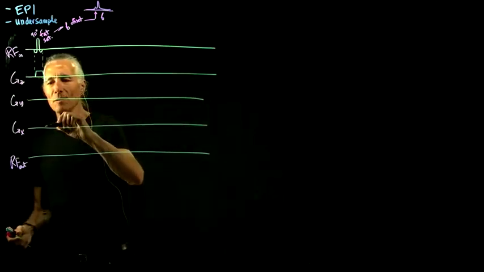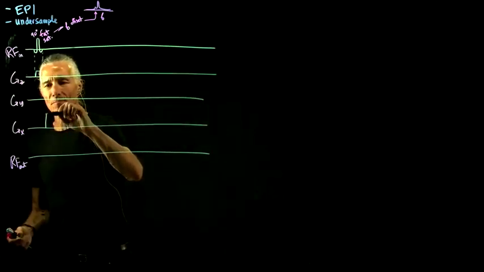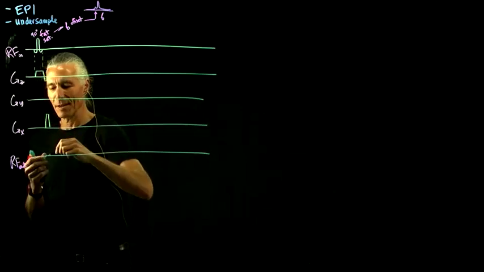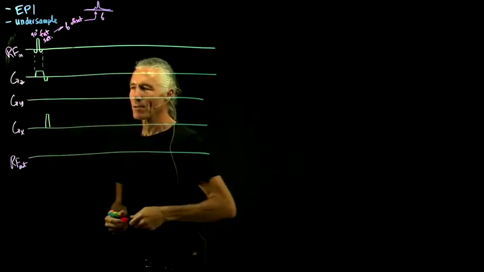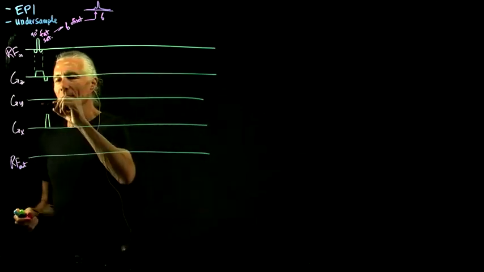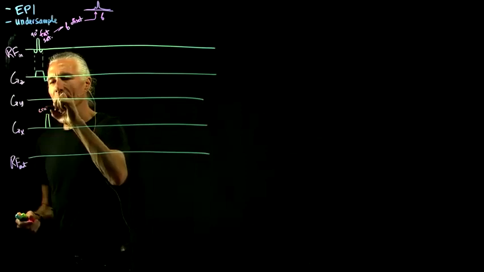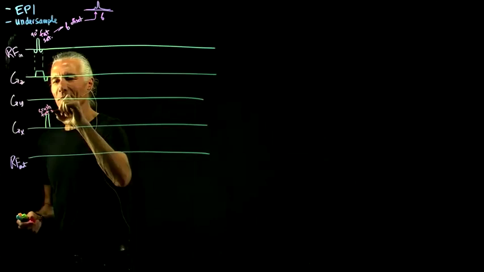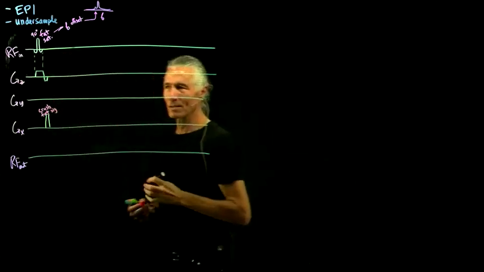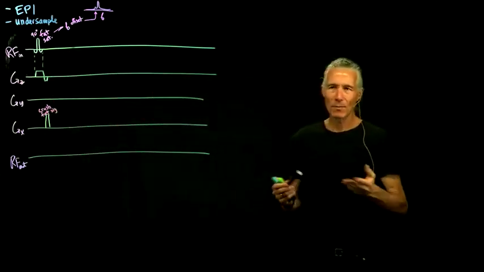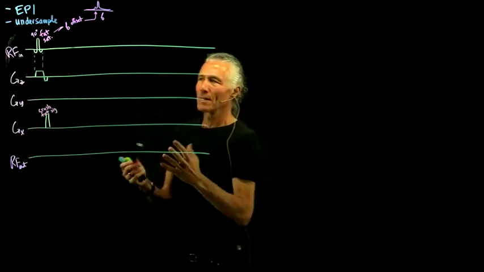And so what we do is we do a crusher here on that gradient to crush fat. So crush the fat signal. There's a transverse magnetization signal that we don't want to get into our recording.